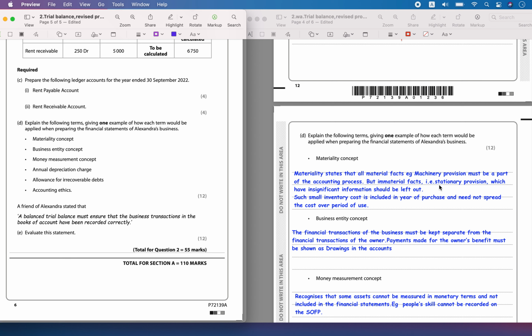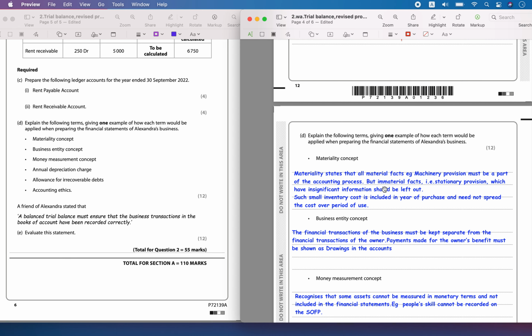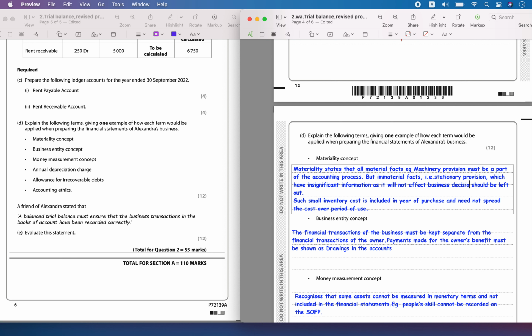But certain provisions, like if I want to create a stationery provision, it is an immaterial fact which doesn't have significant information and will not affect any business decision, so I can leave it out.